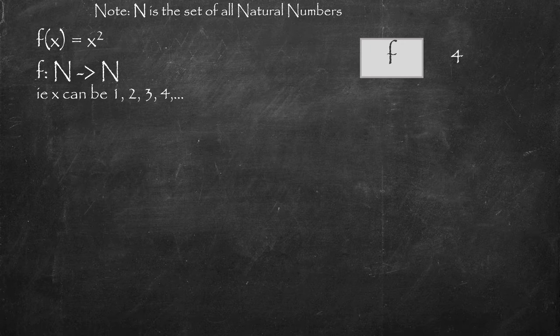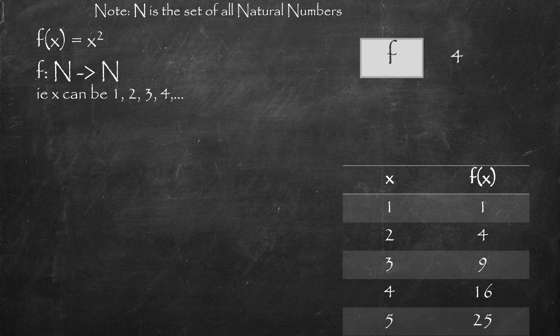But it can't take the number 0, for example. It can't take -2. It can't take pi. Mind you, there's nothing stopping us from actually squaring 0 or squaring -2 or squaring pi or 3.5 or any of these numbers that don't fall within the domain. There's nothing actually preventing us from squaring them, but the fact is that the way we've defined this function, we're putting that constraint that this function can only take in natural numbers. So that's important to note.